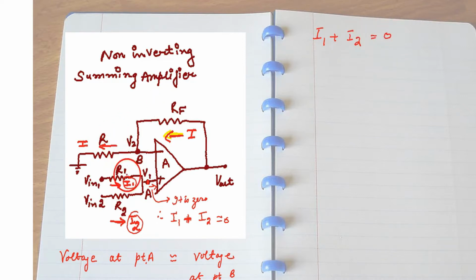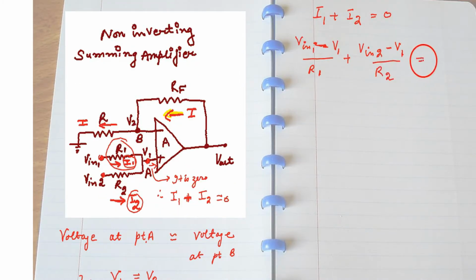Because I1 plus I2 equals 0, I1 is written as the potential difference across R1, that is Vin1 minus V1 divided by R1. Similarly, I2 is written as the potential difference across R2, which is Vin2 minus V1 divided by R2. That equals 0. Now simplifying the expression.